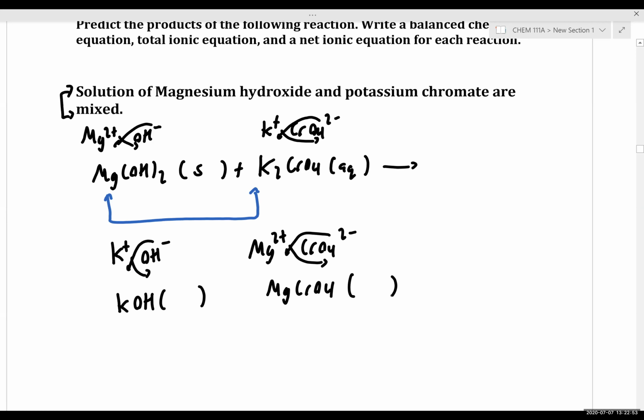So what state symbol do we put for potassium hydroxide? Potassium hydroxide, is that soluble or insoluble? And don't be shy to type your responses in chat or propose them verbally.